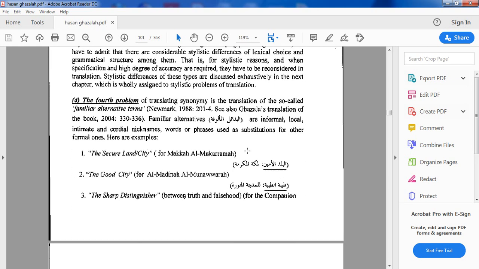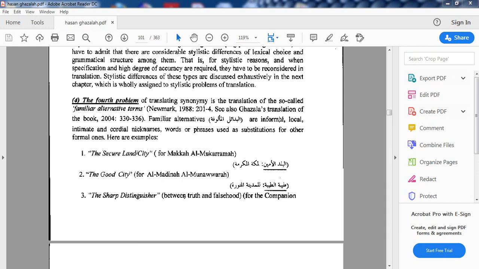What about the fourth problem? As for the fourth problem in translating synonyms, as the author calls it, familiar alternatives. What's the problem with the familiar alternatives or البدائل المعروفة?